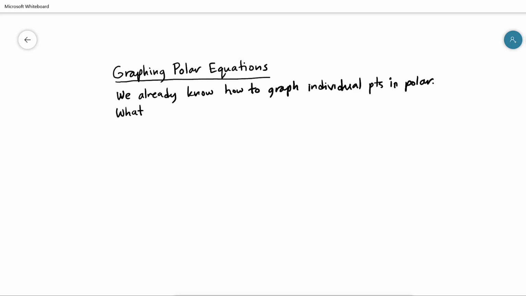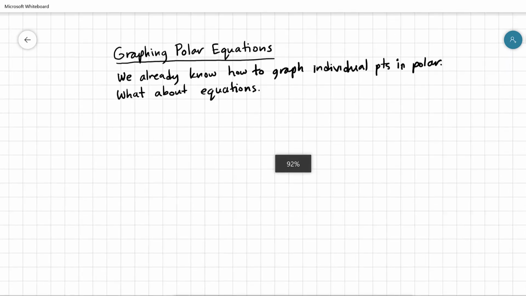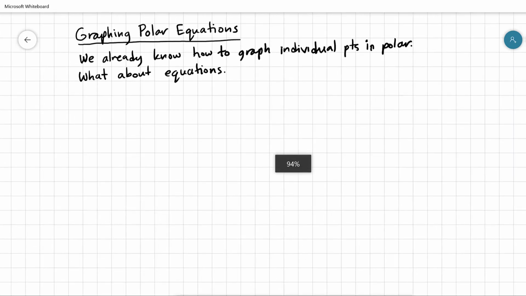We did that last time. What about entire equations? Well, we can do that too. And the easiest way to do it is just by examples. So that's what we're going to do.